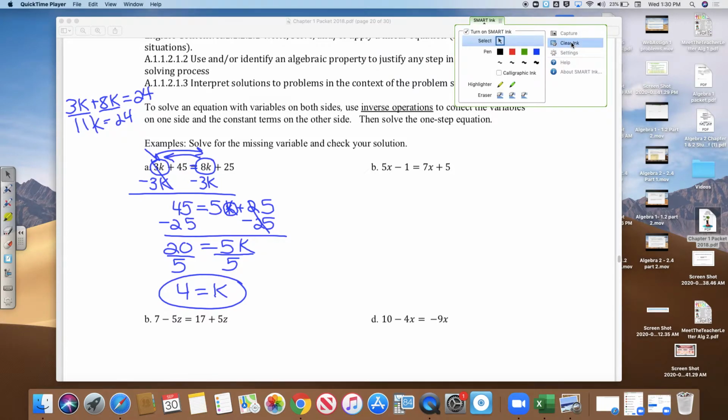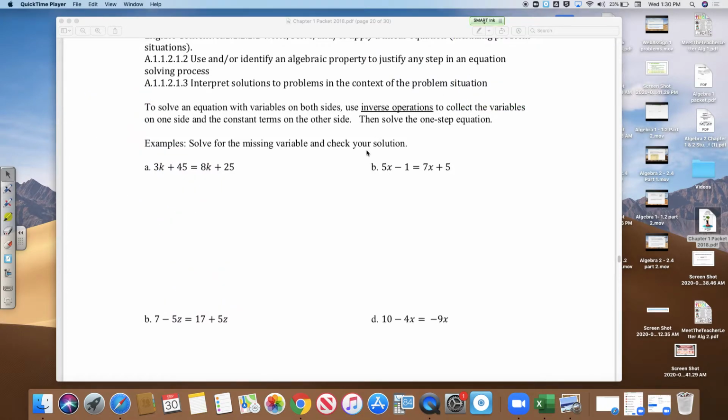I'm going to erase all of this, and I'm going to show you the other way that you can solve it as well. So instead of moving the 3k, if I want to move this 8k right here, I would have to also use subtraction because it's a positive 8k. The only way we can cancel out positive 8k is by subtracting 8k. If I do it this way, then on the right-hand side, I'm just left with 25. On the left-hand side, I'm left with 3k minus 8k, which is negative 5k, plus 45 equals 25.